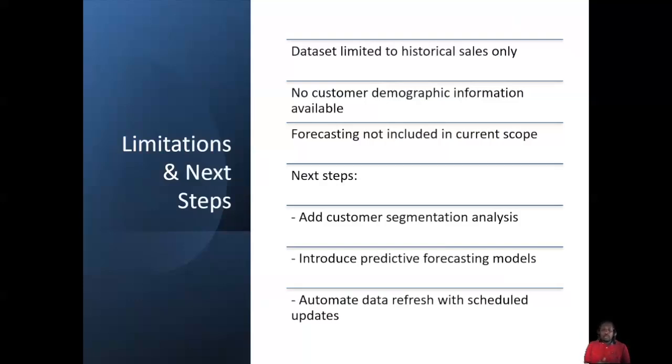Or we can also do the analysis and manually get the forecast. Then automate data refresh, use scheduled updates. In Power BI, you just refresh the data. If the data is stored in a database and is being updated frequently, then in Power BI you literally go in and refresh. What we can do is automate the refresh so that we have live data in our analysis.